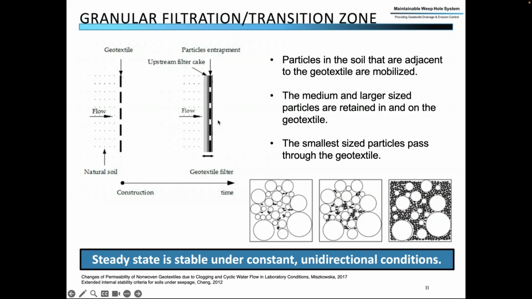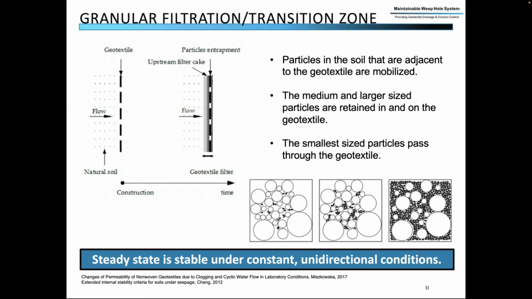And as it flows, it brings soil fines or backfill material towards the wall. And that builds up on top of the geotextile. So the geotextile stops the largest particles, fills in with some more particles, and then fills in with the smallest particles. And that creates a filter cake or transition zone.